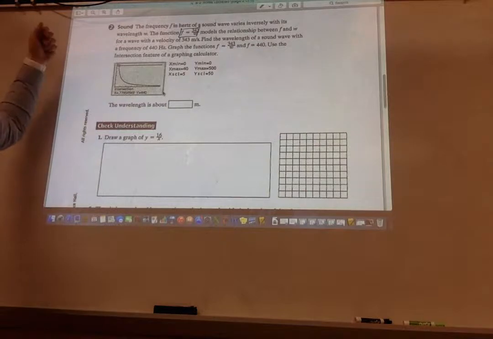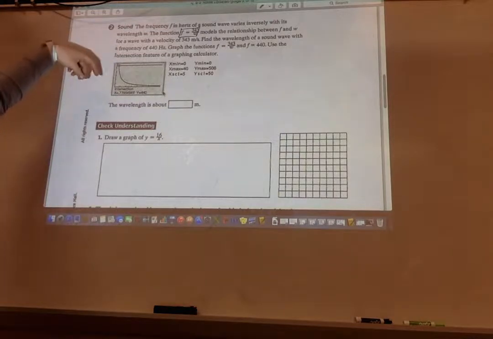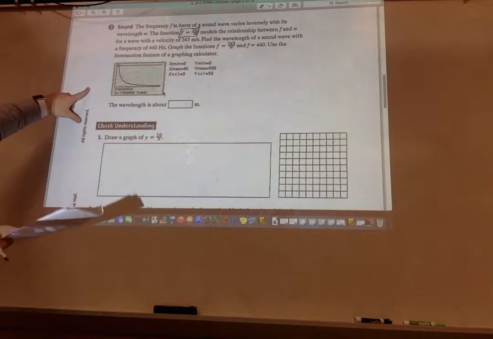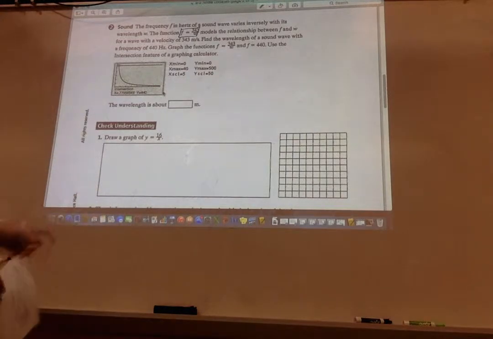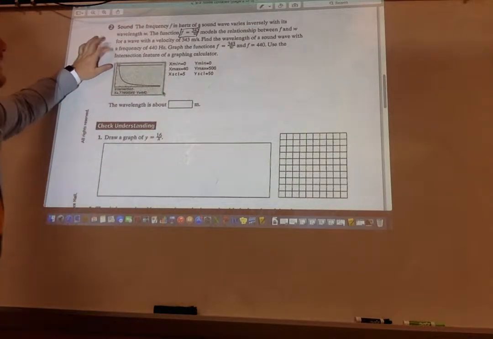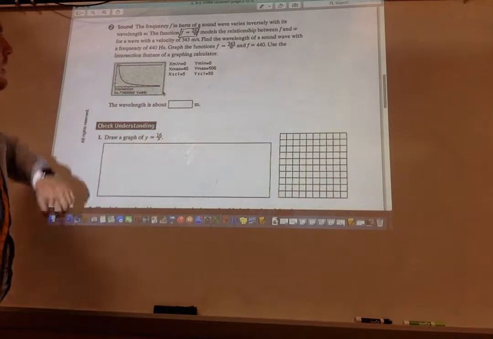They're asking for the frequency. Graph the functions, okay. So they're asking for the frequency when the sound wave has a 440 hertz wave.